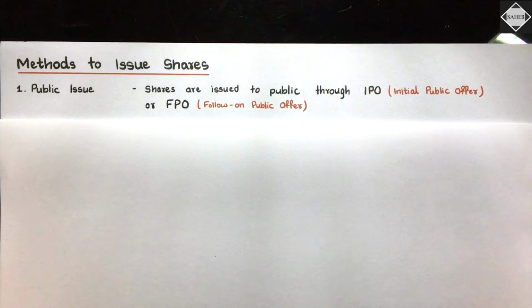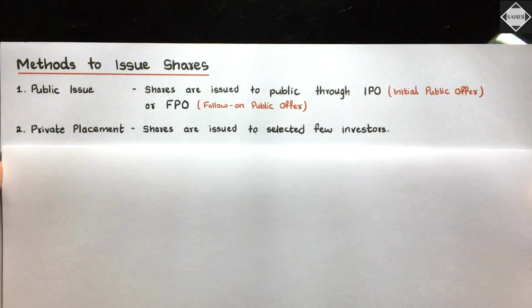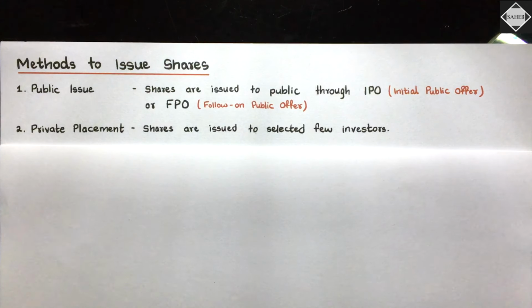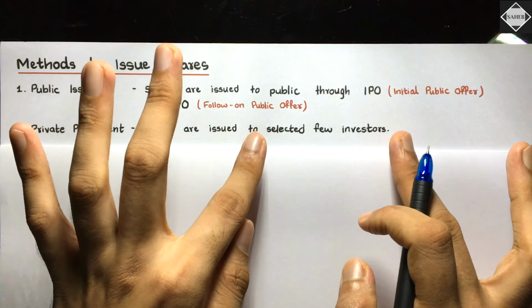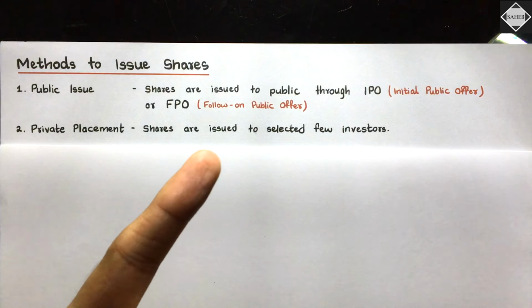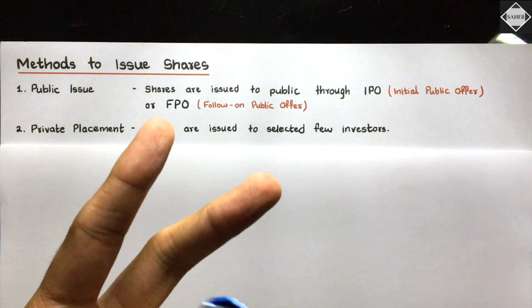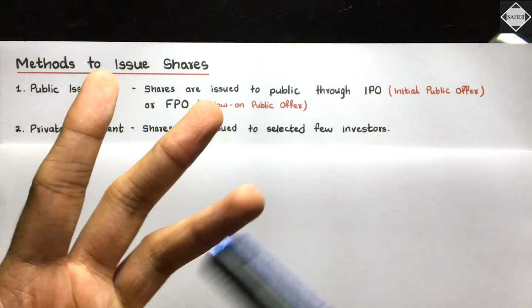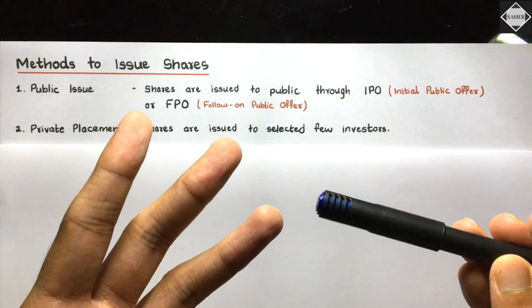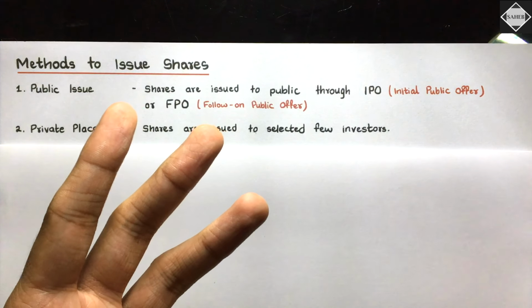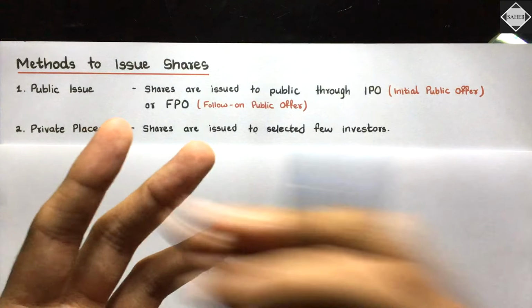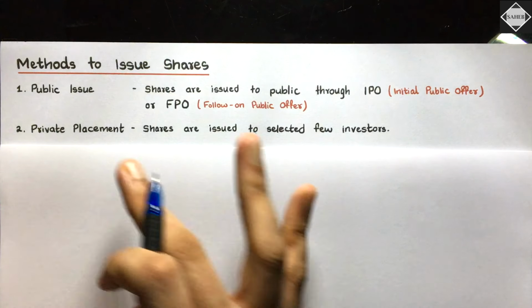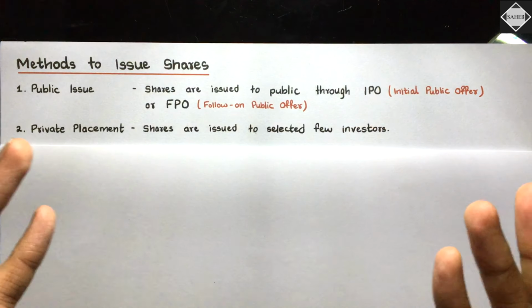Simple and straightforward. The second way is private placement. Private placement means the company will directly go to a few selected investors. It can be a venture capitalist, your relative who has lots of money, or your friends. You pitch to them, and if they are interested, they will invest in your company and you give them shares. For example, Shark Tank.